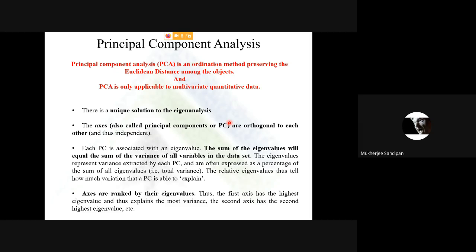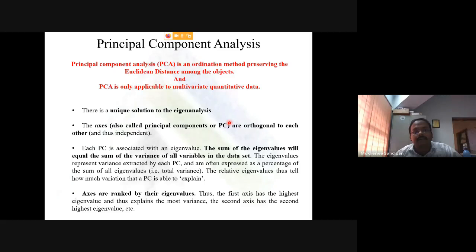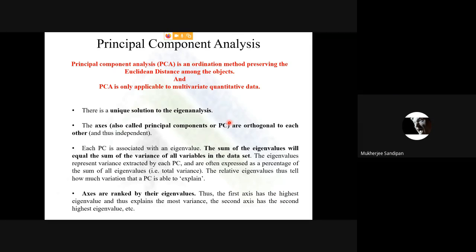Principal component analysis is an ordination method preserving the Euclidean distance among the objects, and PCA is only applicable to multivariate quantitative data. Again, I'm representing PCA in terms of ordination method of ecology, but in 2 or 3 of my papers, like the one where we have studied El Nino phases for Indian monsoon, we have used PCA.